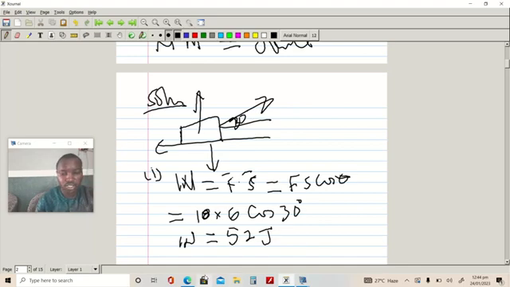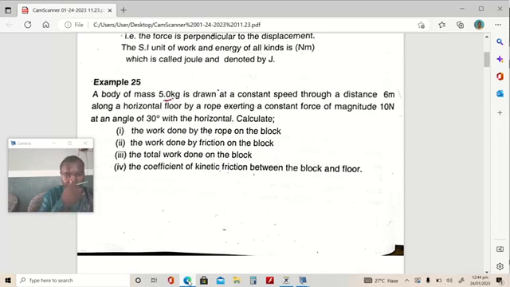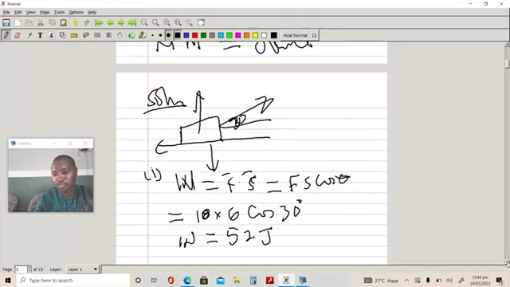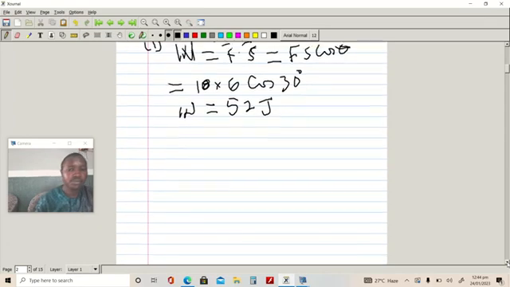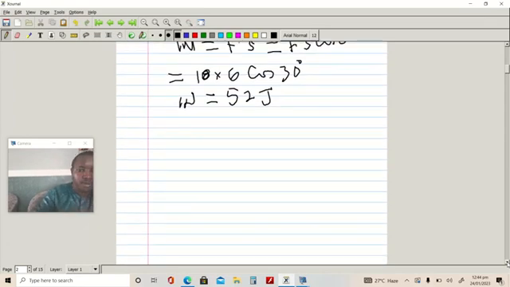The second question says, the work done by the friction on the block. So let's see the work done by the friction on the block. Roman figure 2 now. Work done by the friction is going to be F, the cross product of S, and of course, this is FRS.